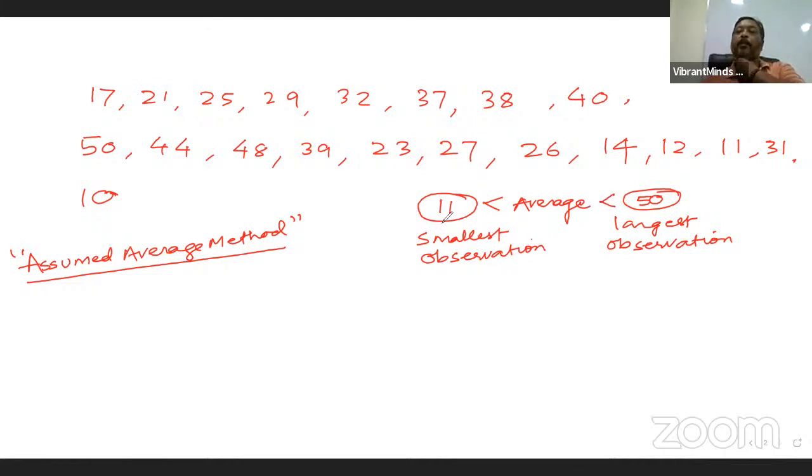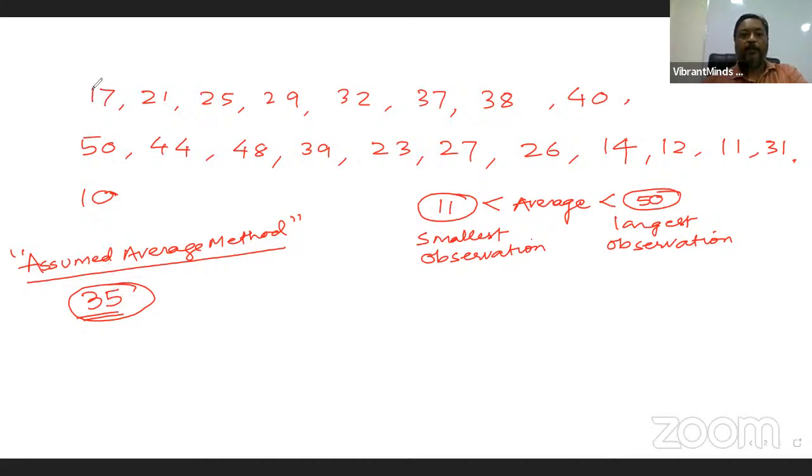So I am taking a number between 11 and 50. Let me take the number 35. So my assumed average is 35. I am considering this my average.